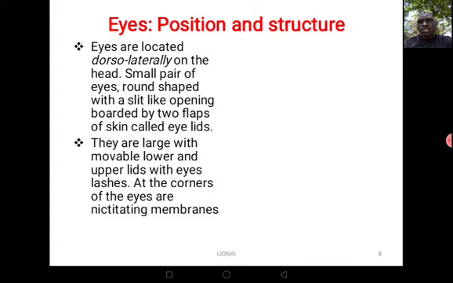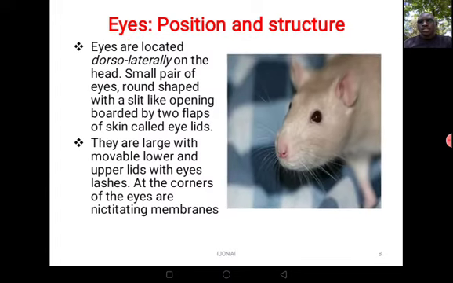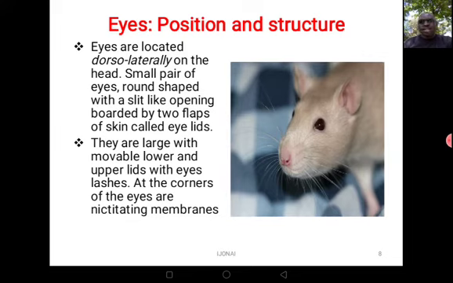So the eyes are located dorsolaterally on the head, and then they are two. They are a pair. The eyes are two, so we say they are a pair. Yes, generally small and rounded in shape, and they have two flaps of skin called the eyelids, that are used for cleaning the eyes, but also for closing and opening them.